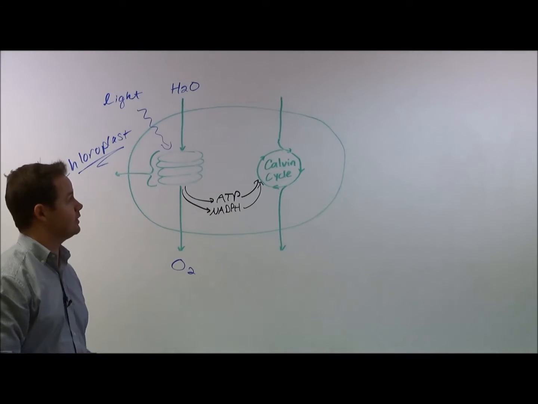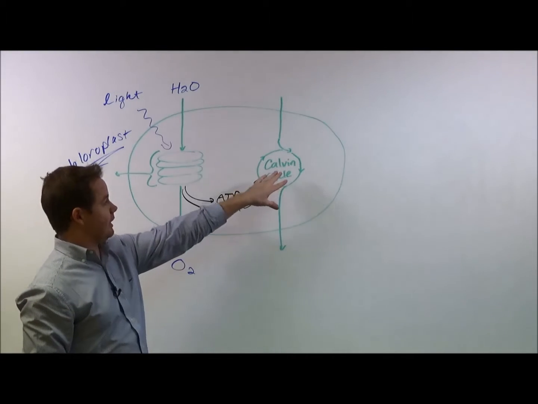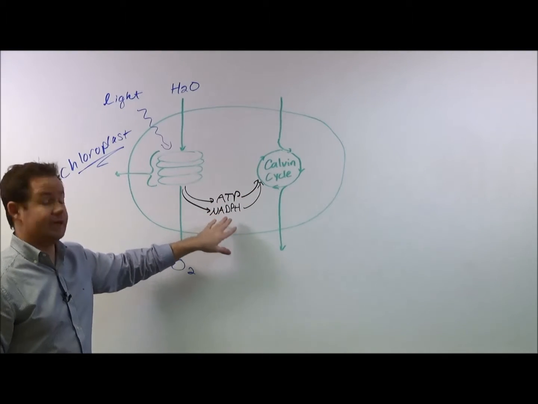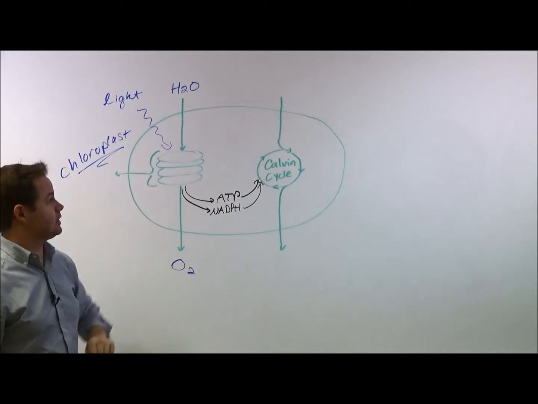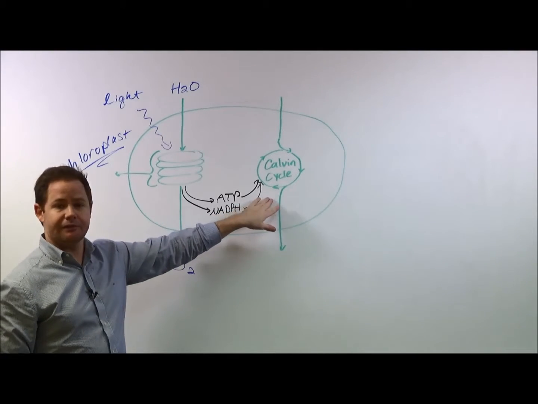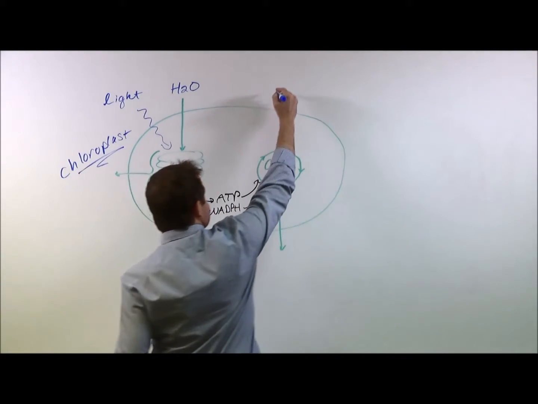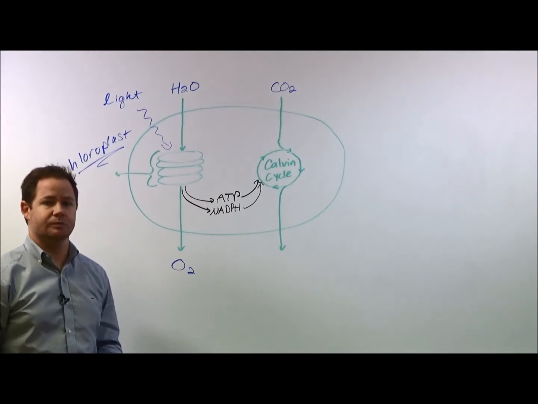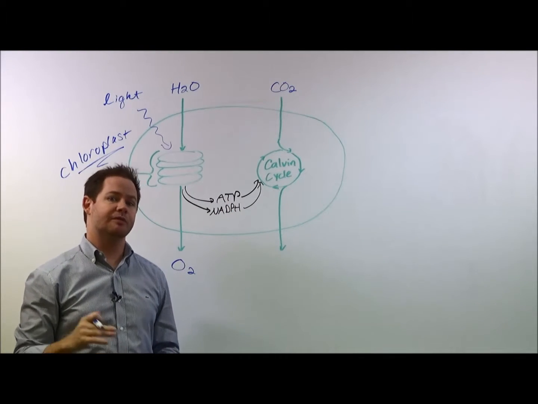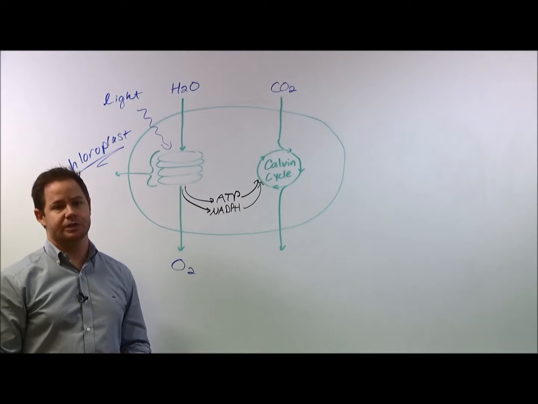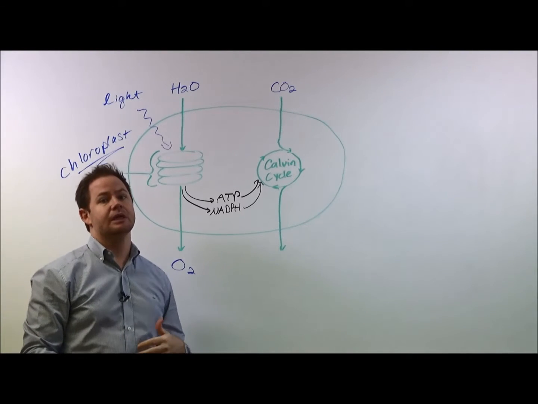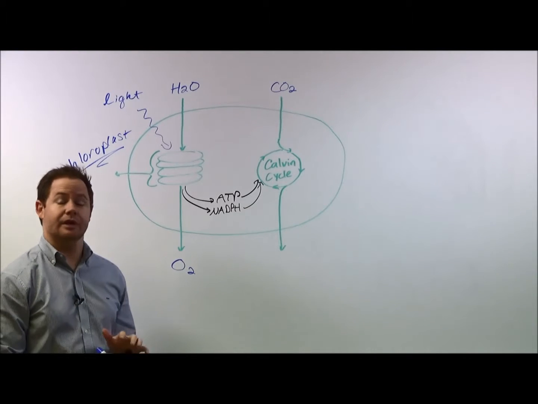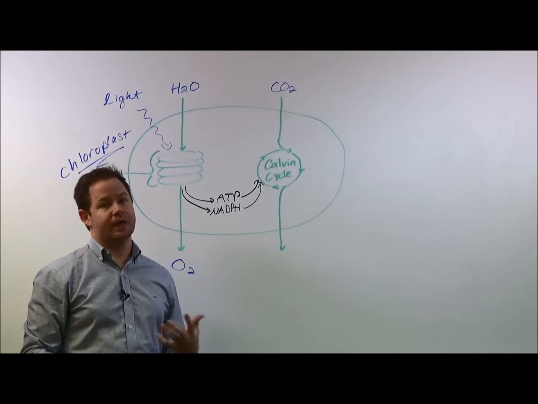So for the Calvin cycle, what we need for the Calvin cycle, in addition to the ATP and NADPH, which come from the light reactions in photosynthesis, for the Calvin cycle we also need some carbon dioxide. And carbon dioxide is essential because that's what's going to allow us to go through the carbon fixation process, which is going to be where the RuBP gets combined with the CO2 through the enzyme Rubisco.